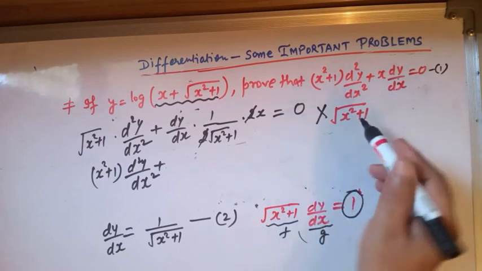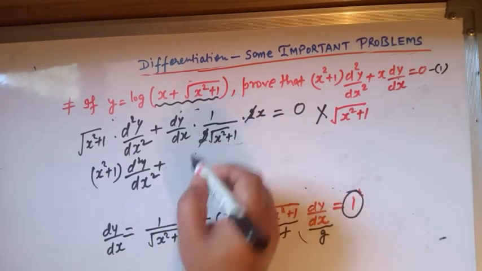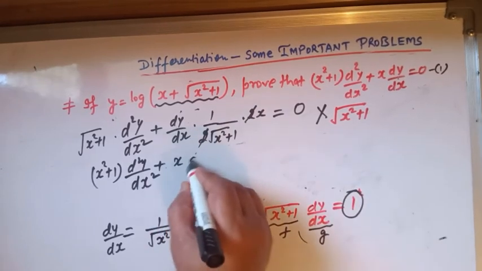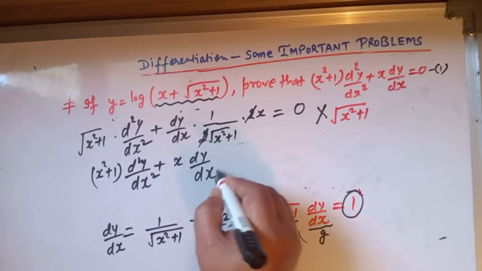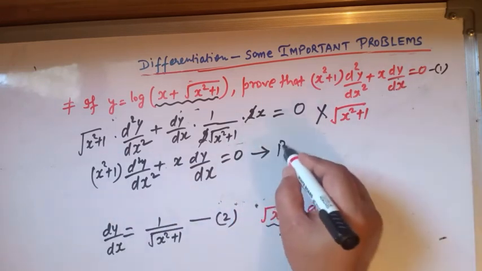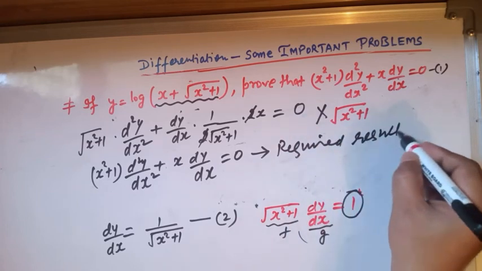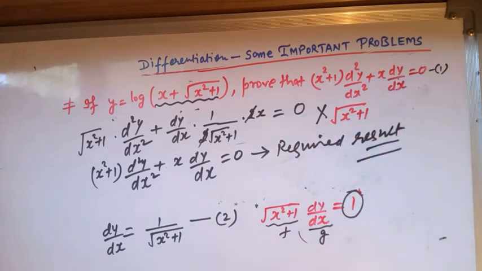So when we multiply this by this, this gets cancelled and we are left with only x dy over dx equal to 0. So this is our required result. Clear? Okay.